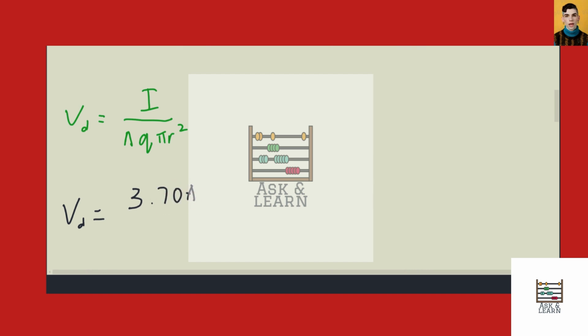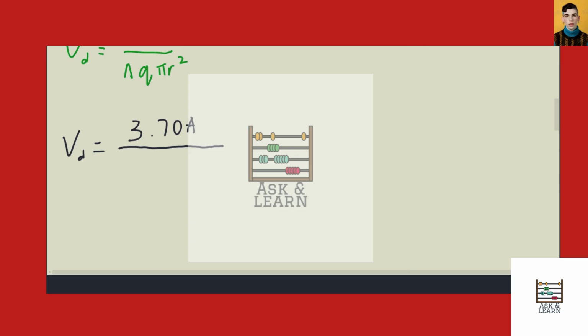We plug in the current, plug in the electron density, plug in the charge of an electron, and then pi r squared.